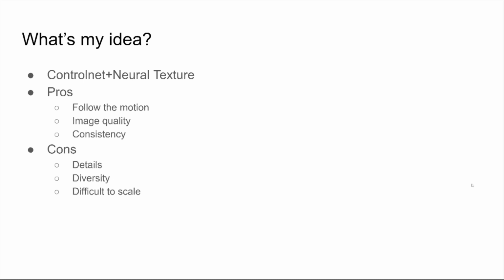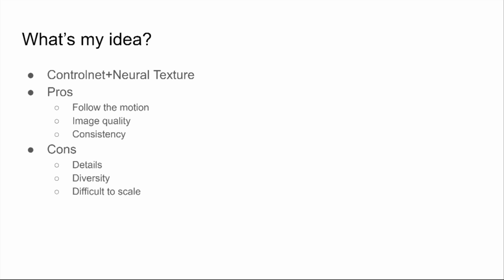The good point is it follows the motion, the image quality is very good, and we have consistency. But because it uses this neural texture, it essentially smooths the differences between frames. So some of the details existing in the single image are not in the video anymore. There is a loss of detail.